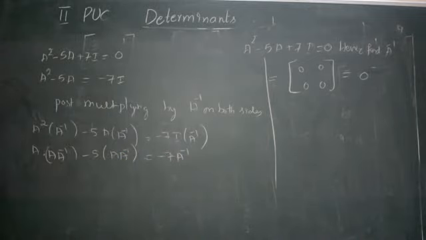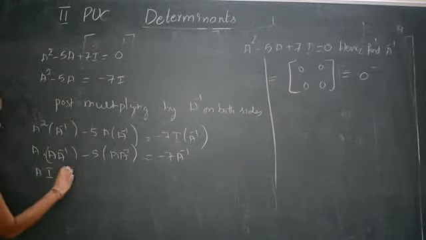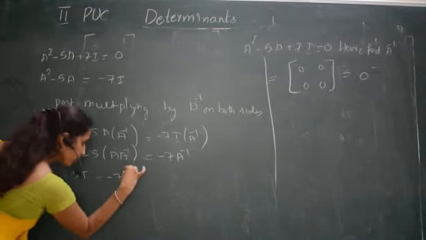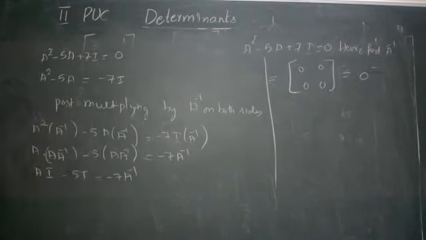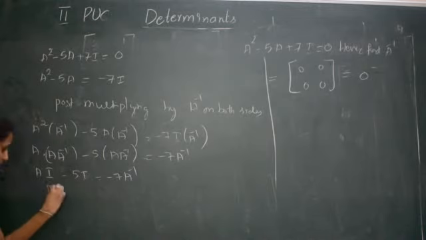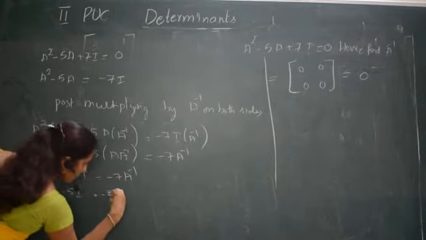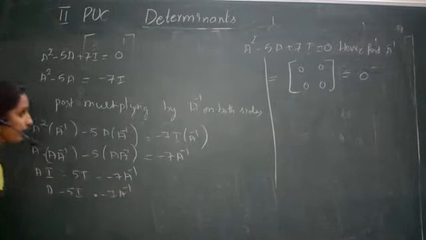Here A into A inverse is I. So A into I minus 5I is equal to minus 7 A inverse. So A minus 5I is equal to minus 7 into A inverse.